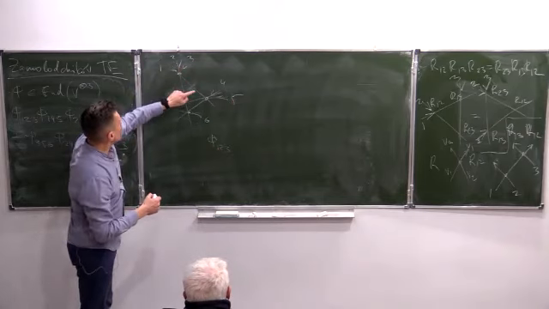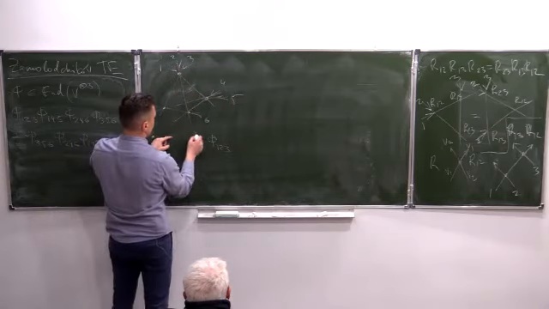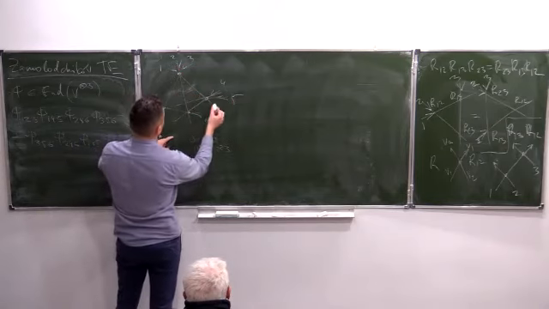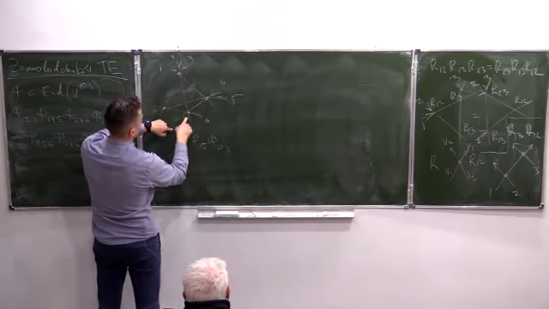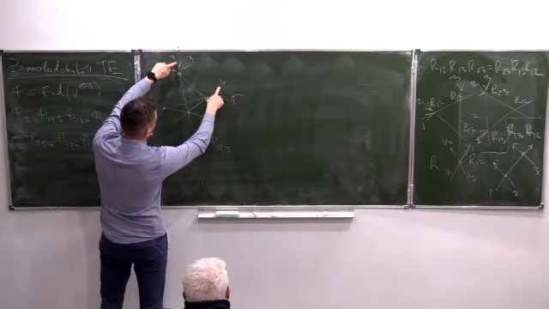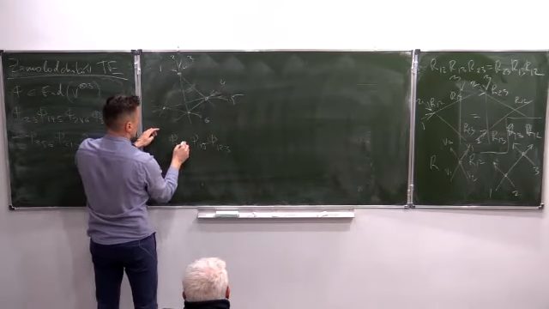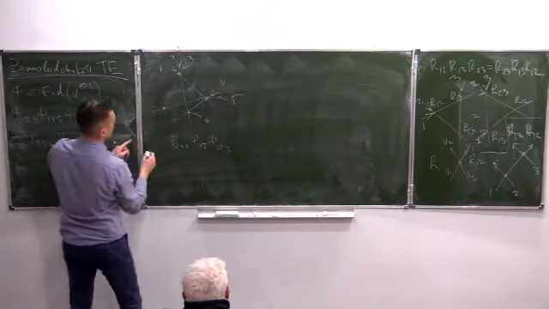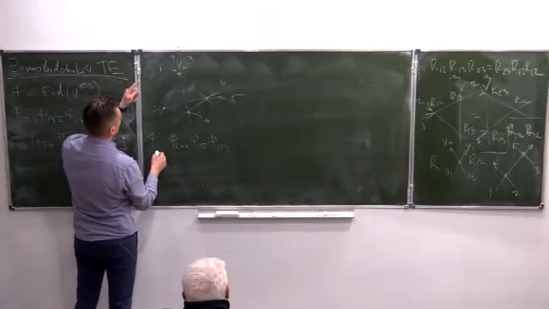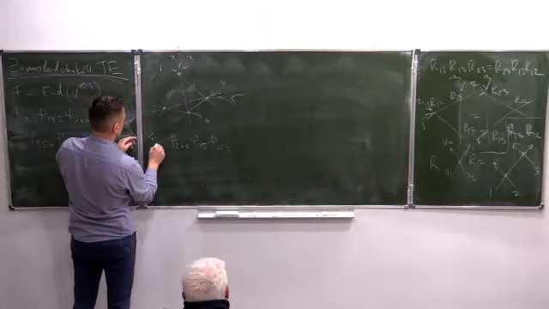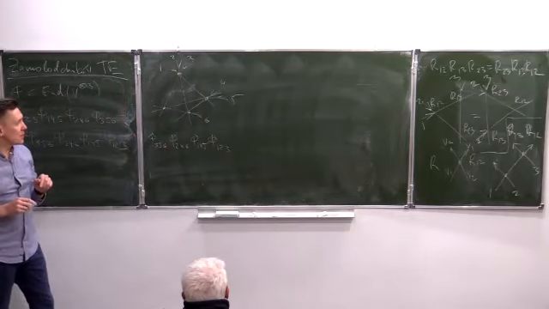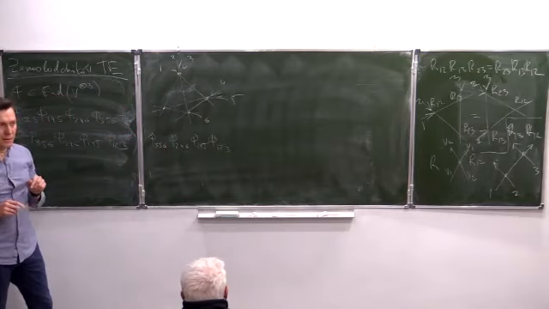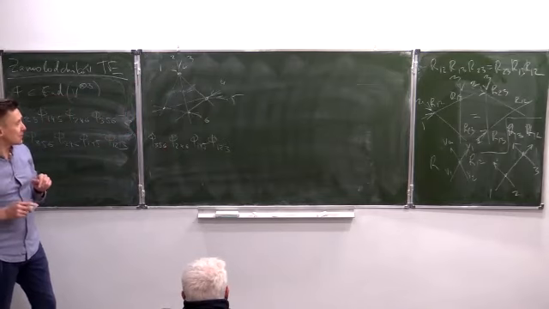After this, 1, 4, 5. After this, we can apply this point, and it will be 2, 4, 6, and the last one is 3, 5, 6. So you assume that indices are always ordered increasingly. Yes, yes.